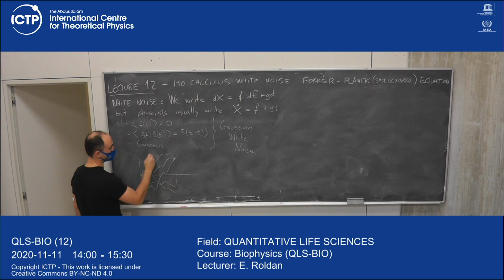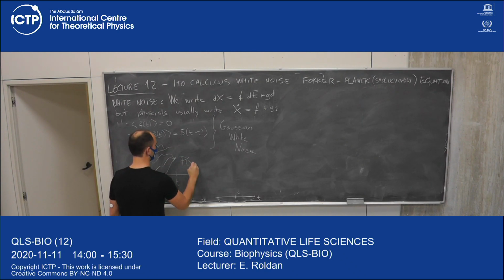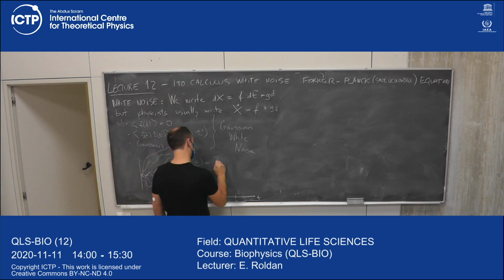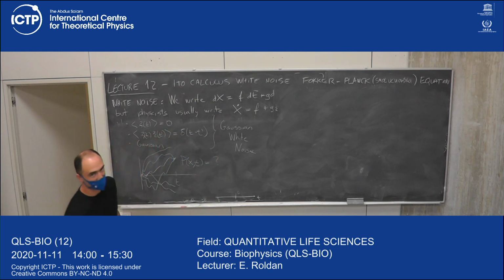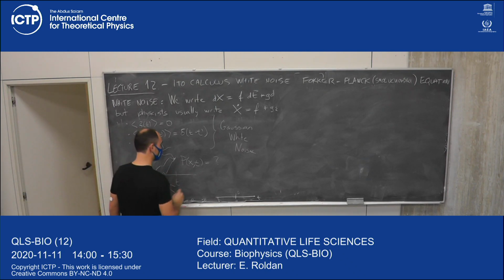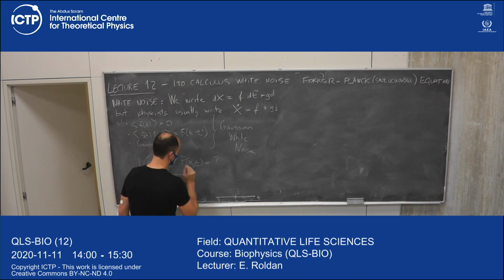Sorry, most of them will be somewhere else. I'd like to know what is P, the probability to be at x at time t. And this quantity obeys a given equation; this is for ensembles of trajectories.